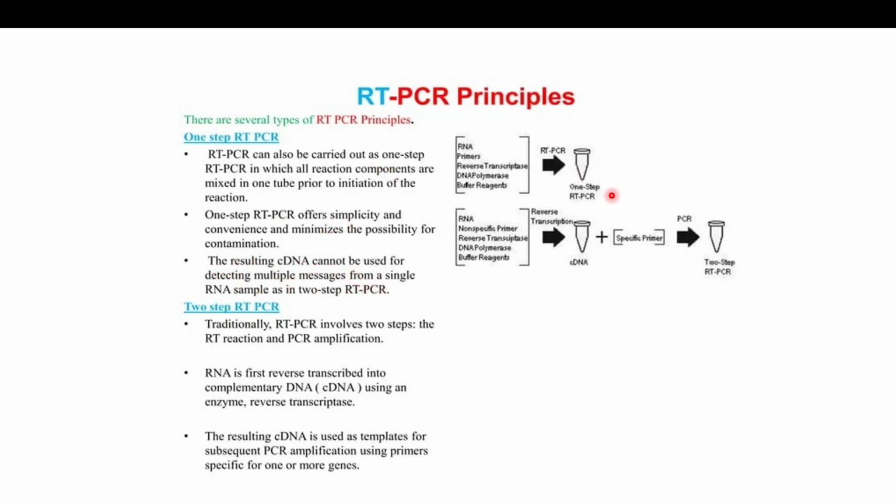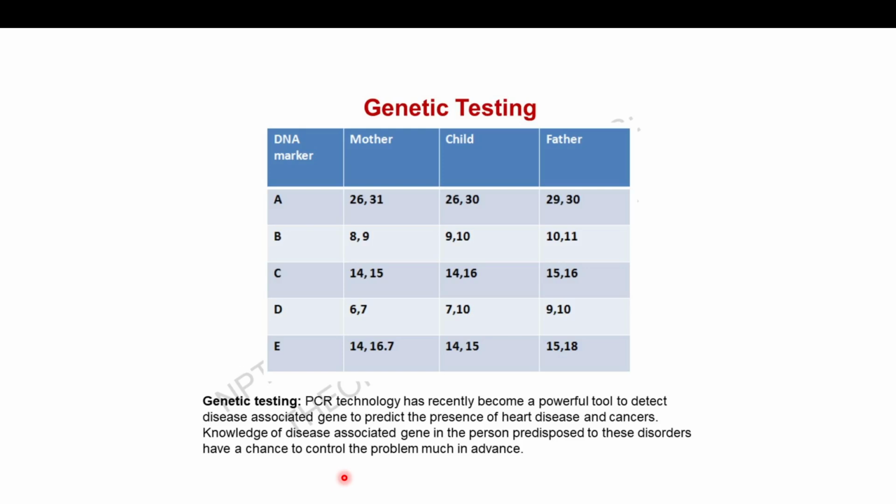In two-step RT-PCR, first the reverse transcriptase reaction takes place, and then you amplify the particular cDNA that has been synthesized. So RNA is first reverse transcribed into cDNA using an enzyme called reverse transcriptase, and the resulting cDNA is used as template for subsequent PCR amplification using primers specific for your gene of interest.